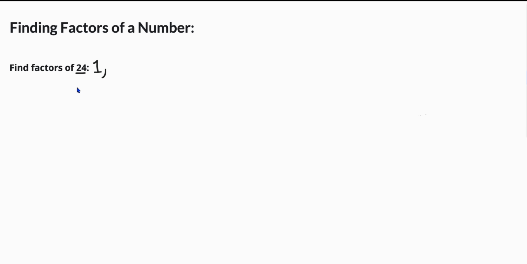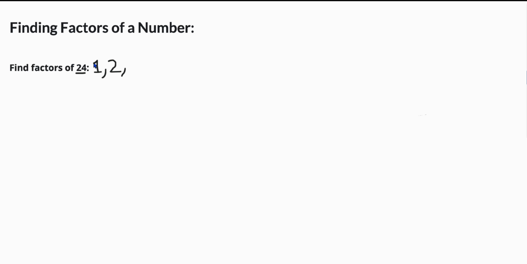So we have 1. Another thing to keep in mind, 2 will always be a factor if the number you're trying to factor is even. So 1 and 2 will always be factors of even numbers, and also the number that you're trying to factor itself.